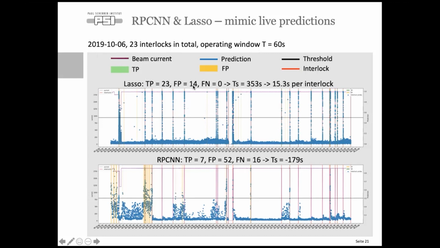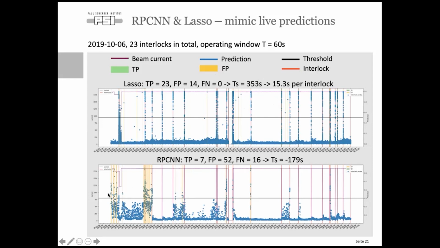Apart from that, we also have 14 false positives, shown in the yellow region here. In the end, we would have saved 353 seconds in the whole day. If we divide by the number of interlocks, we would save 15.3 seconds per interlock, compared to only 0.5 seconds before in the other metric for RPCNN.